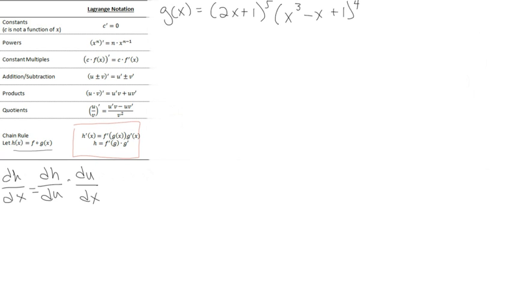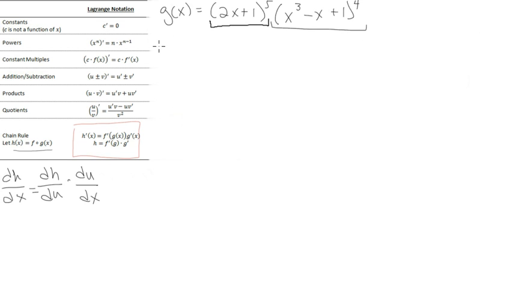In this case, for this particular problem, you might notice that if you were thinking about a composite function, you're actually breaking it into two different composite functions that are then multiplied together.